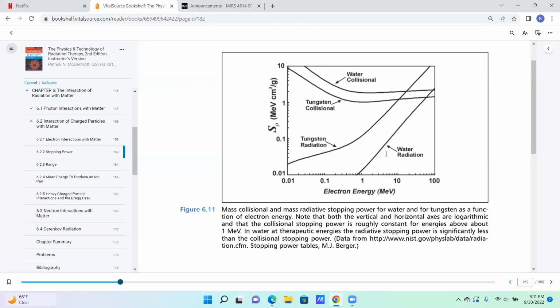As far as the radiative stopping power is concerned, you're seeing just a very gradual increase, but the collisional stopping power is greater until you cross right about here, where the radiative mass stopping power of water becomes greater. For tungsten, you see basically the same thing, where the collisional holds more stopping power than the radiative does. However, the point at which they are equal in terms of MeV is much less than what you're seeing over here.